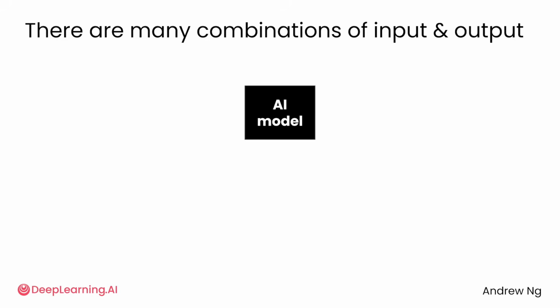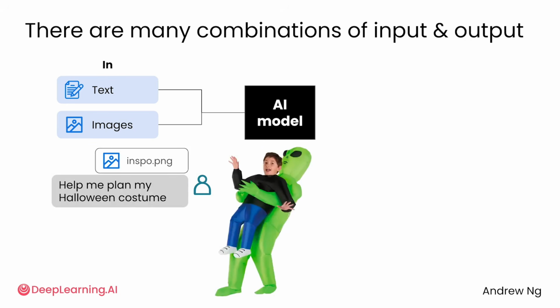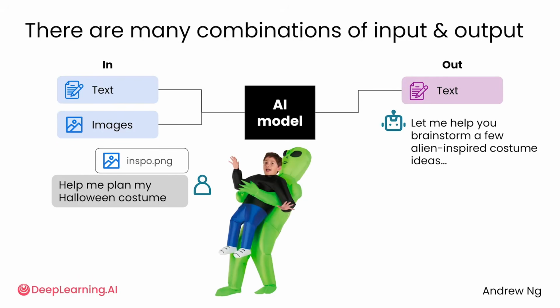When you're working with an AI model, there are many combinations you can use of input and output types. For example, you can input text and images, such as if you input an inspirational image like this, if you like this Halloween costume, and also to plan my Halloween costume. And in this case, the AI model might output text that says, let me help you brainstorm a few alien-inspired costume ideas.